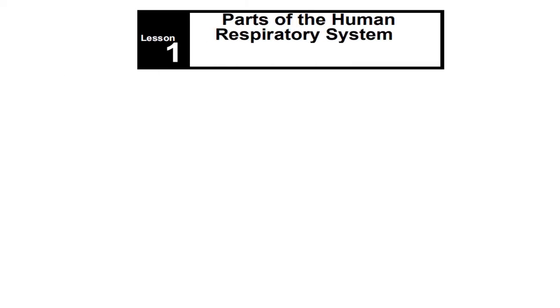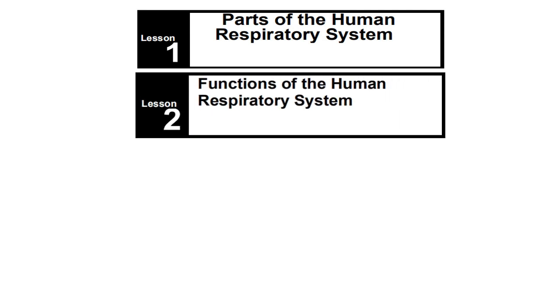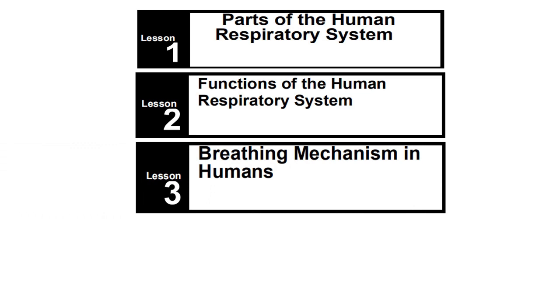So in continuation of this module, in Lesson 1, we are going to identify the parts of the human respiratory system. Lesson 2, we are going to describe and explain the functions of the human respiratory system. In Lesson 3, we are going to explain, trace, and show the breathing mechanism in humans and how we inhale and exhale.